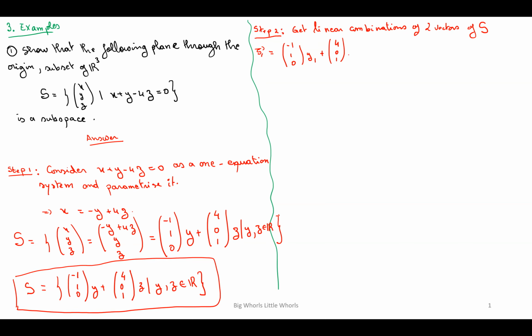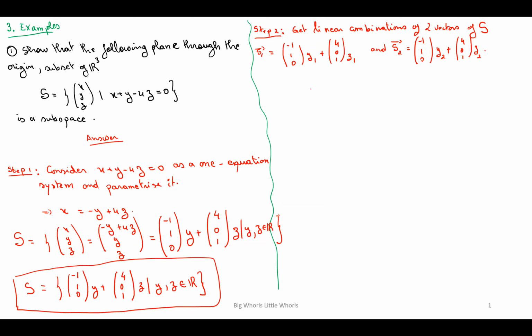So that's our first vector. Our second vector, small s2, is going to be (minus 1, 1, 0) y2 plus (4, 0, 1) z2.